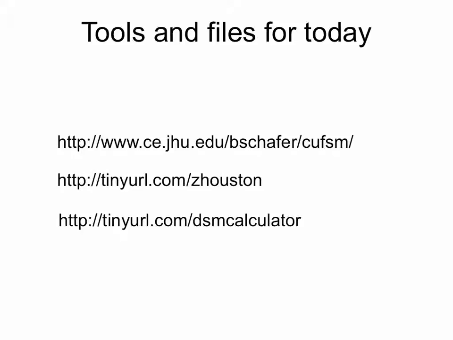I have a Z purlin file that I would like for you to download if you can, Z Houston. And there's an Excel spreadsheet, a DSM calculator, that we're also going to use. I'll just leave these up here for a second so you all can make sure to grab these files.